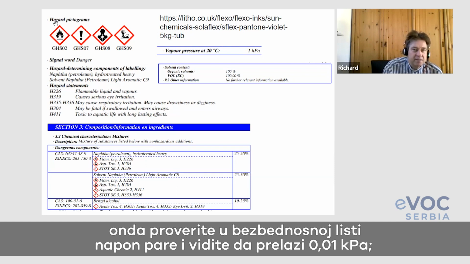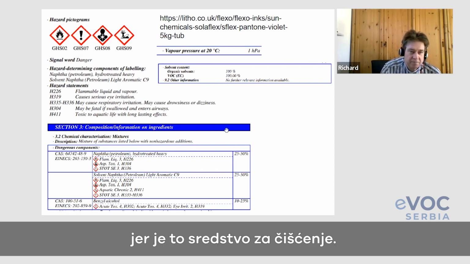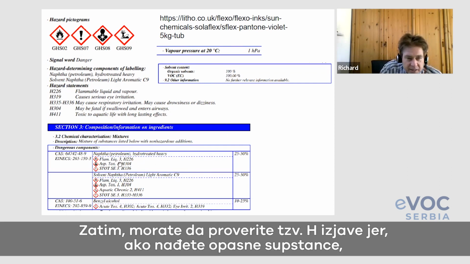You check then in the data sheet, for example, the vapor pressure. So you see it exceeds the threshold of 0.01 kilopascal. And you see too, from the safety data sheet, it's 100% solvent because it's a cleaner.